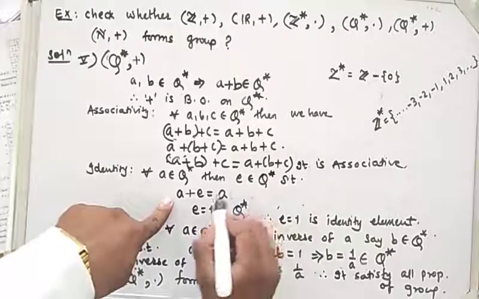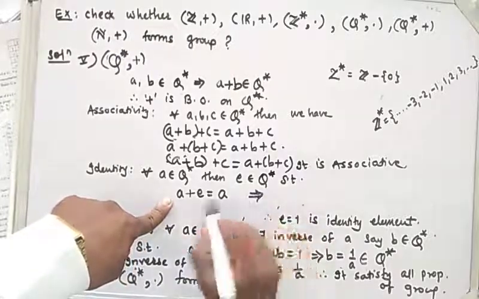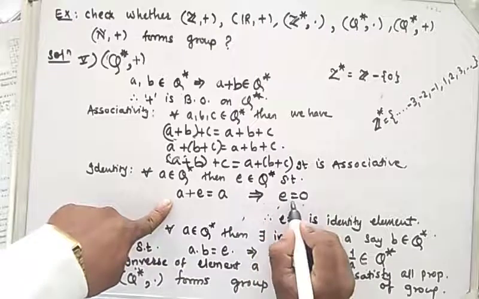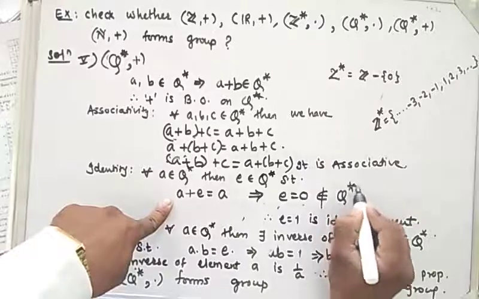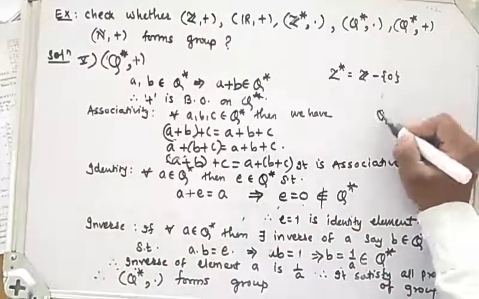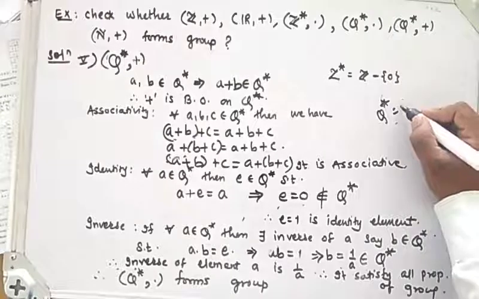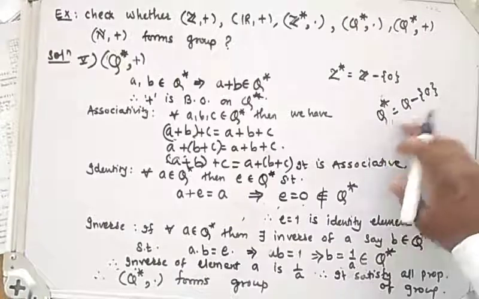By using the cancellation law, a will get cancelled. So finally what will we get after solving this? e is equal to 0, but 0 does not belong to Q star. What is Q star? Q star is Q minus the singleton 0. So Q star has no 0.